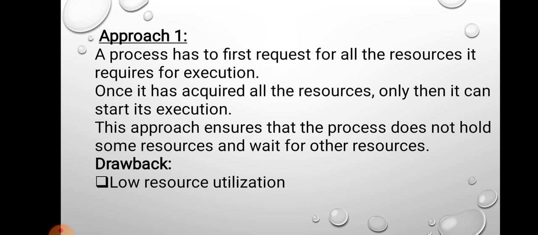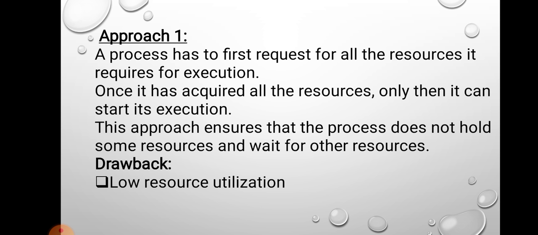Before it can request any additional resources, it must release all the resources currently held by that process.